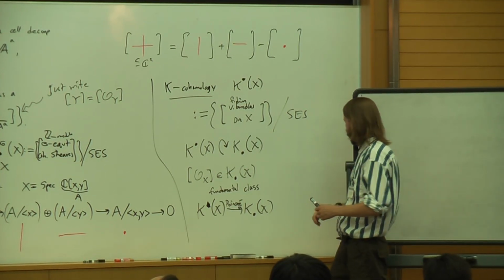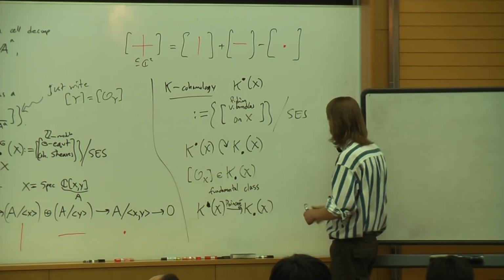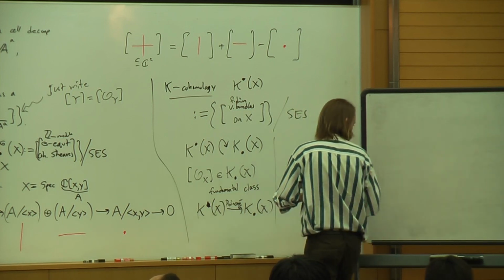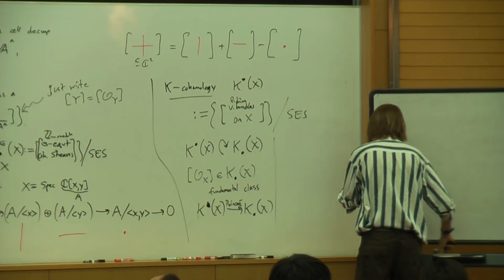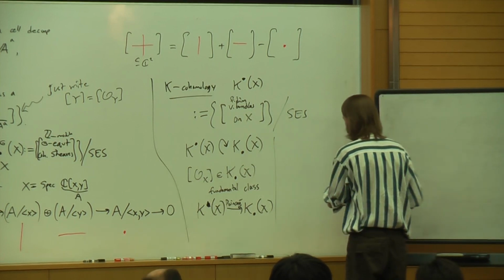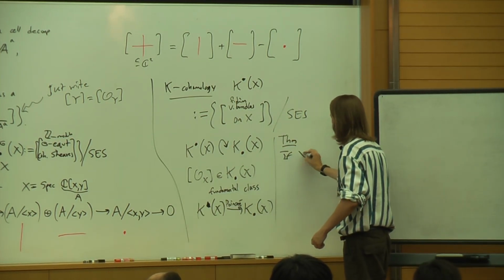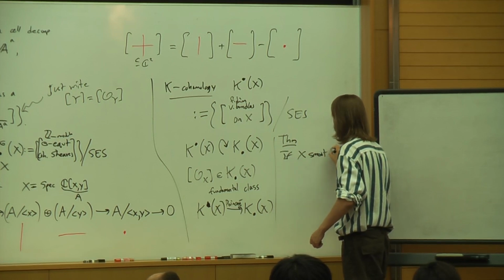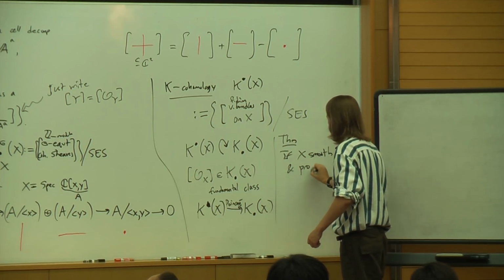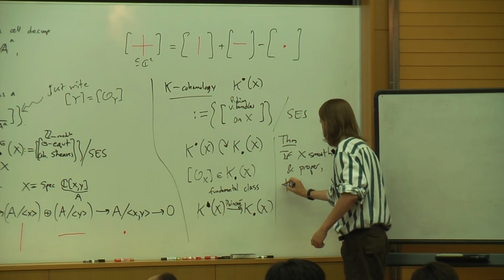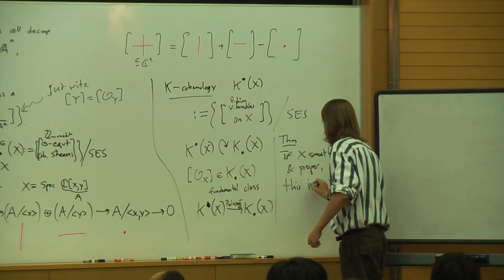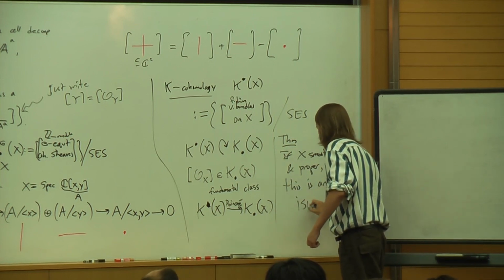And the theorem then is that if X is smooth and proper, this is an isomorphism.